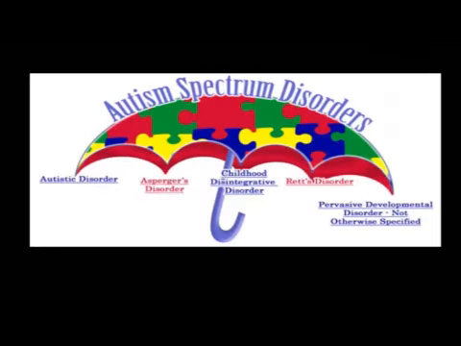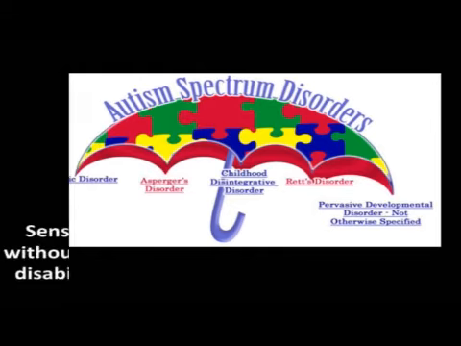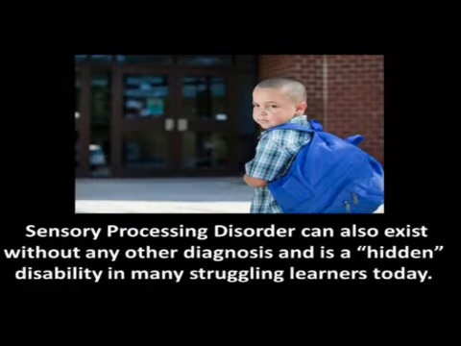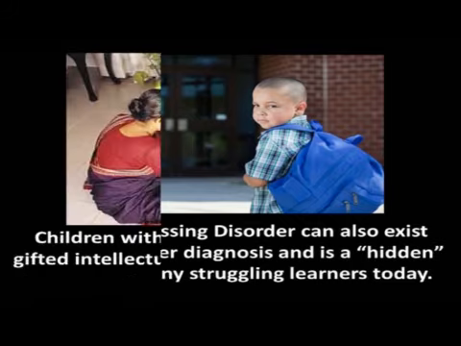It is a very strong component of the profile of a child on the autism spectrum, for which there is a separate section on the website. Sensory processing disorder can also exist without any other diagnosis and is a hidden disability in many struggling learners today.